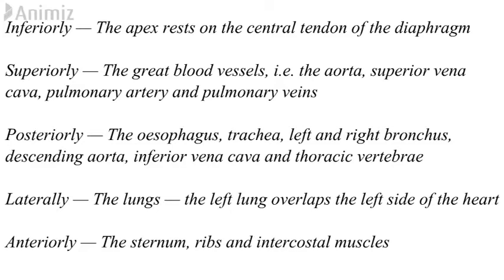Posteriorly, the esophagus, trachea, left and right bronchus, descending aorta, inferior vena cava, and thoracic vertebrae are there. Laterally, the lungs, with the left lung overlapping the left side of the heart, and anteriorly the sternum, ribs, and intercostal muscles are present.